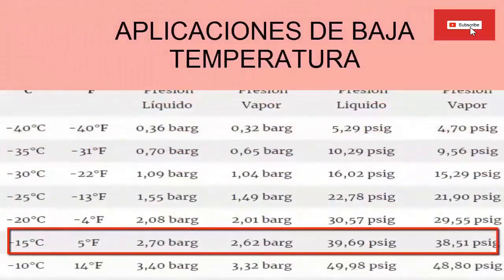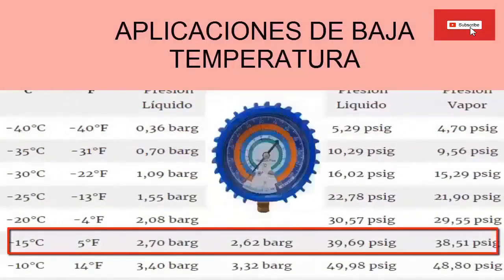To achieve a temperature of -15 degrees Celsius in the evaporator, equivalent to 5 degrees Fahrenheit, a low gauge pressure of 2.62 bars, equivalent to 38.51 psig, is needed.